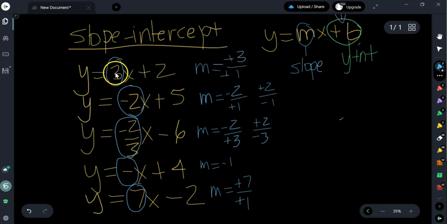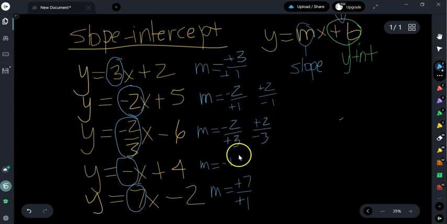So when I put this line on the graph, my slope is going to be up 3 over 1. For this one, the slope is going to be down 2 over to the right 1, which is the same thing as going up 2 and to the left 1. This slope is going to be down 2 and over to the right 3, or you could go up 2 and to the left 3.